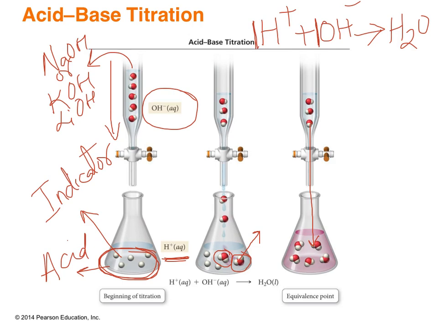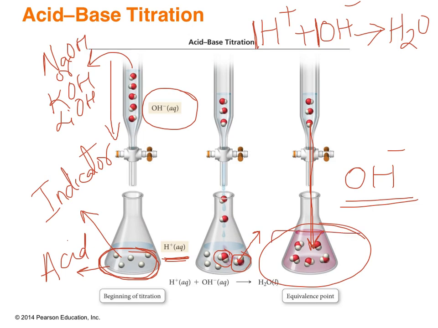But when all the H pluses are exhausted, the minute an OH minus comes in here, there are no H pluses for it to react with, and so this solution becomes basic because there is an OH minus in there and no H pluses. In the basic environment, the indicator changes color to pink.